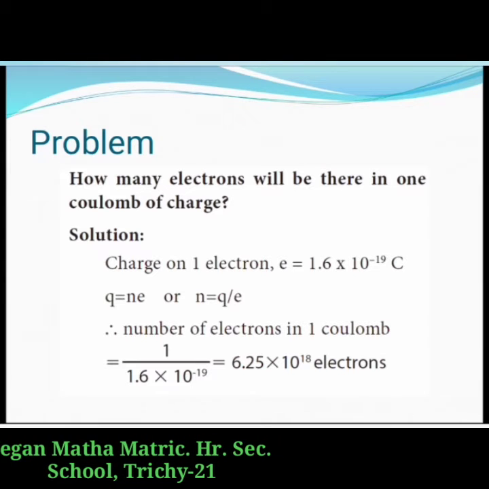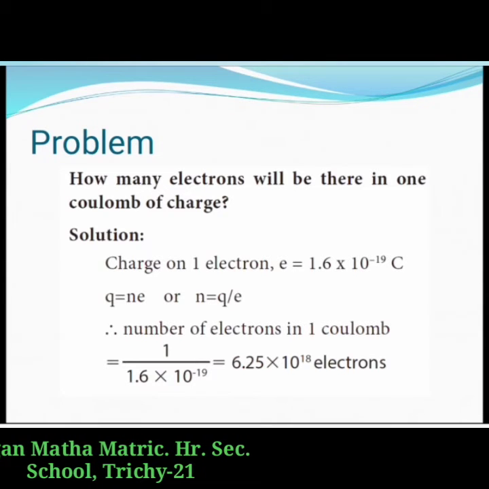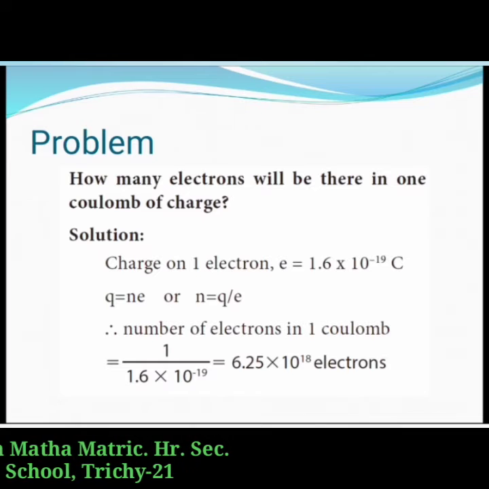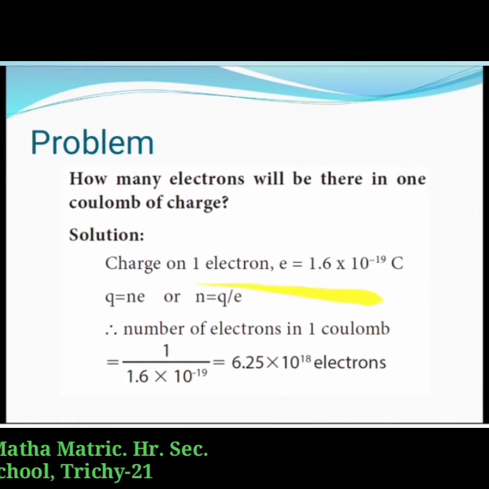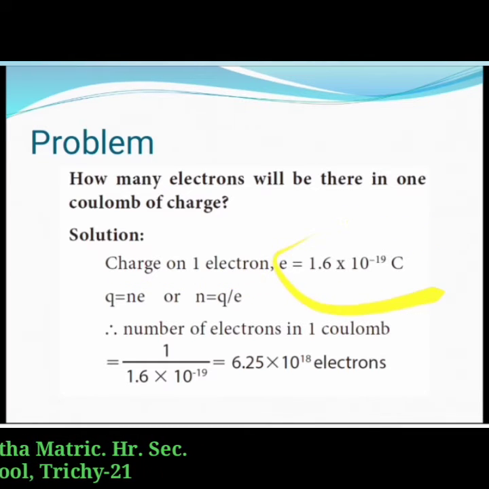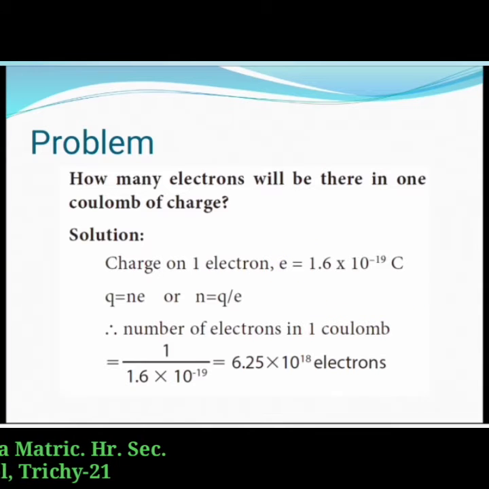Problem: how many electrons will be there in 1 coulomb of charge? The charge of 1 electron is 1.6 × 10^-19 coulomb. We know the formula Q is equal to ne. Here n is the number of electrons.